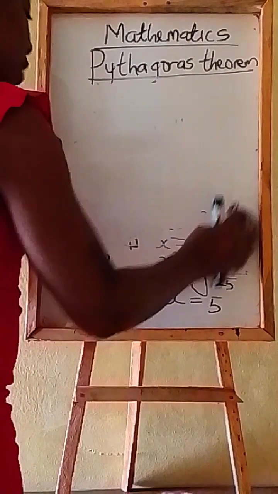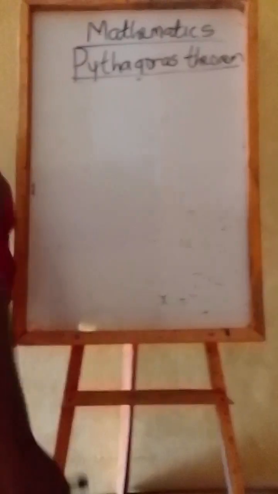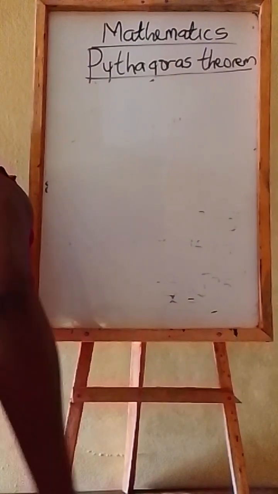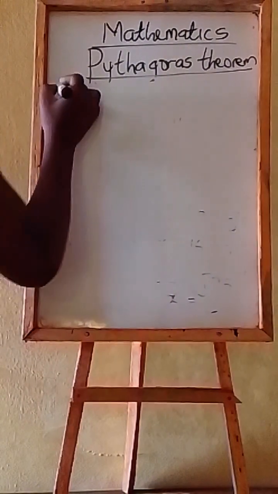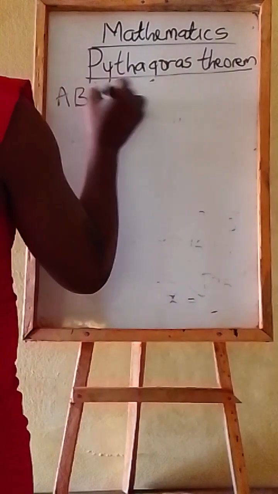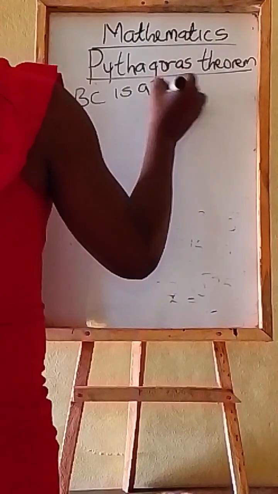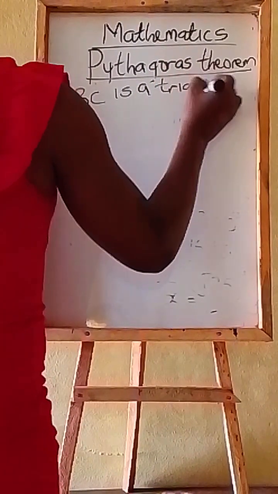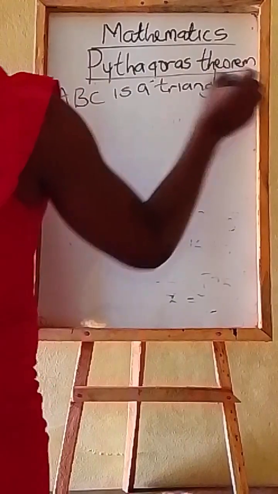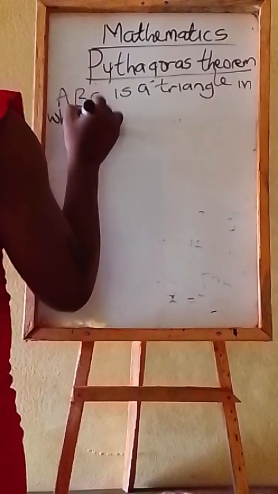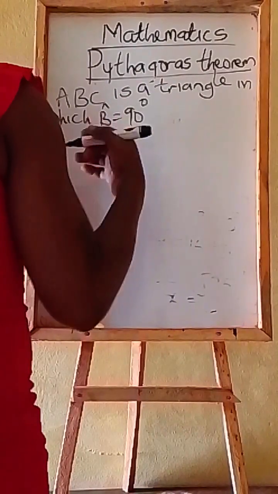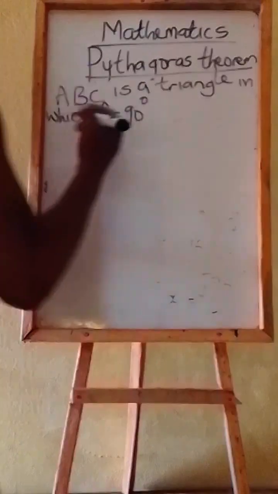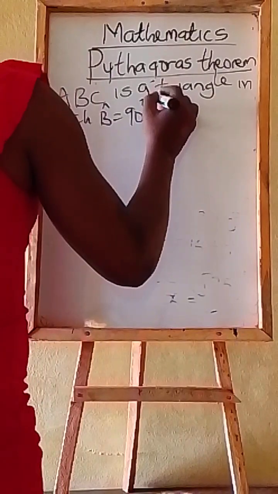Now, let's pick another question to solve. ABC is a triangle in which B is 90 degrees.